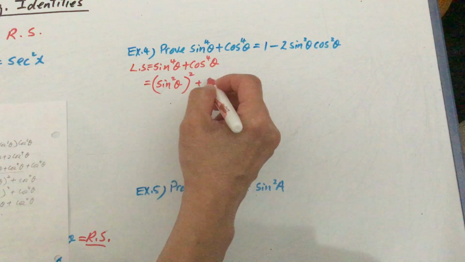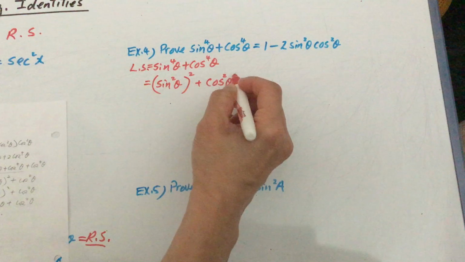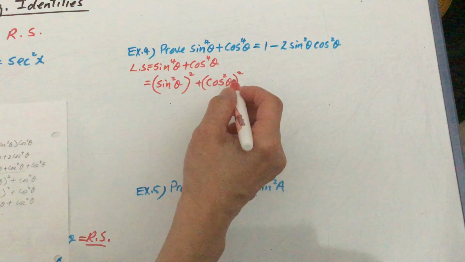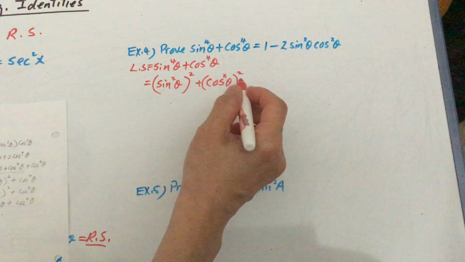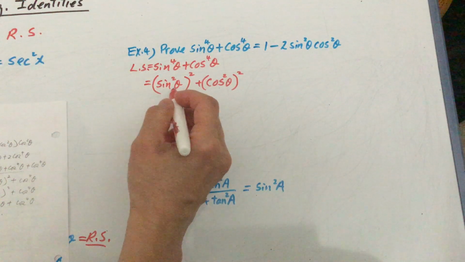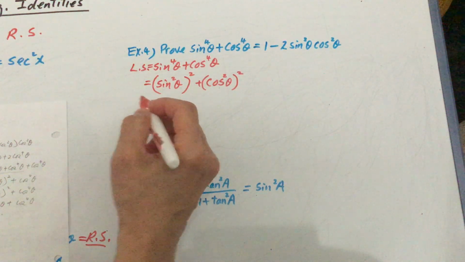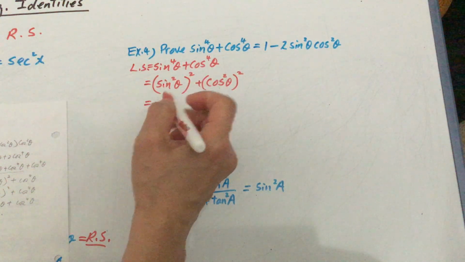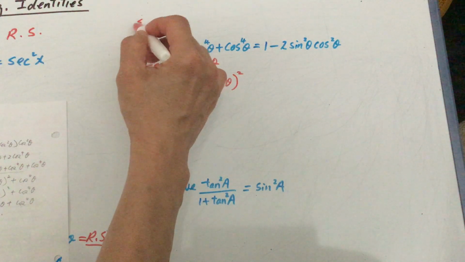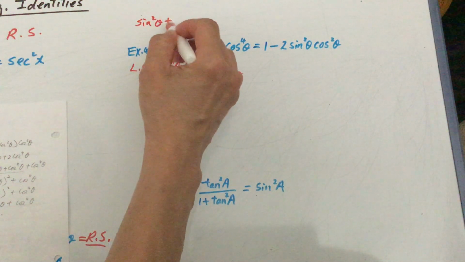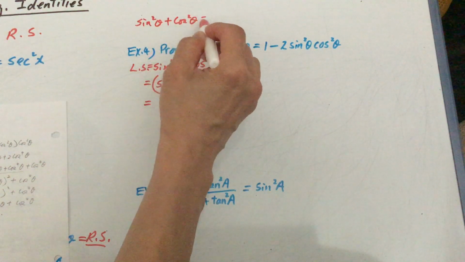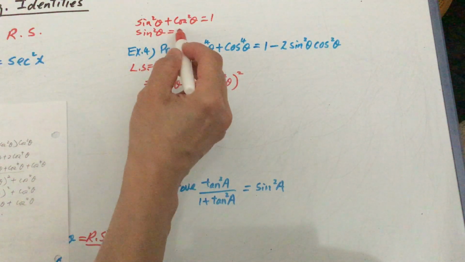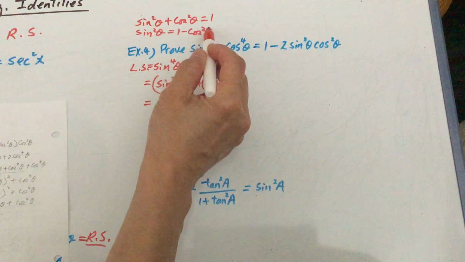I can have sine squared theta to the power of 2 plus cos squared theta to the power of 2. And for the sine squared theta, because of the Pythagorean identities, sine squared theta plus cos squared theta is equal to 1. So I know that I can replace the sine squared theta with 1 minus cos squared theta.